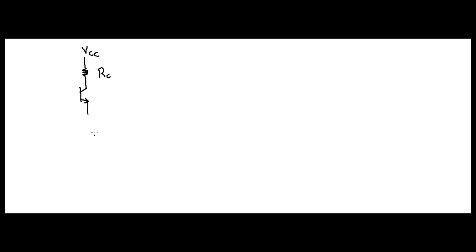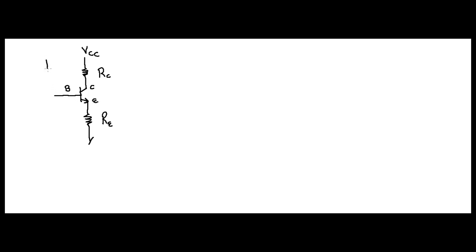Down here, we're going to draw another resistor. This is RE, and then we're going to ground, right? Remember, this is your base. Again, this is your collector, and this is your emitter.